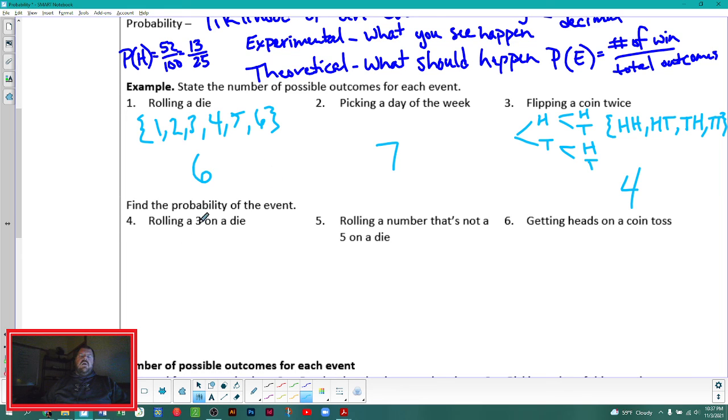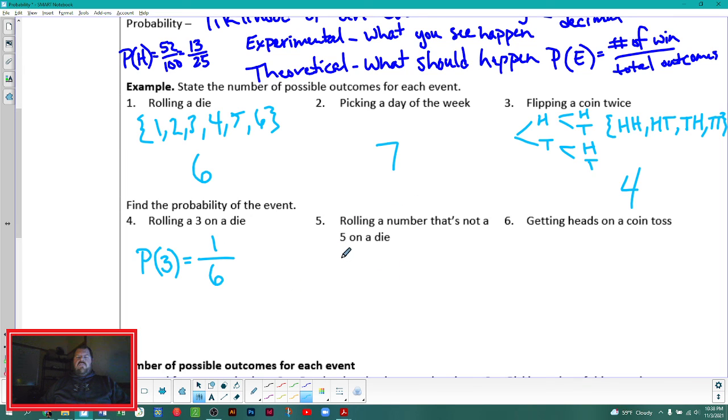If I want to know the probability of rolling a 3, there's 1 three, and there's 6 possible outcomes. So 1 over 6. Again, you could write that as a decimal, but it's ugly. You could write it as a percentage, but the percentage is based on the decimal, so it's ugly also. 1/6 is a lot cleaner way to write that.